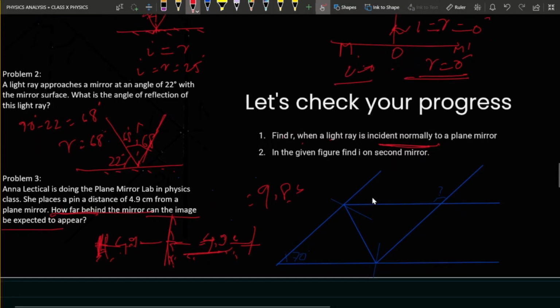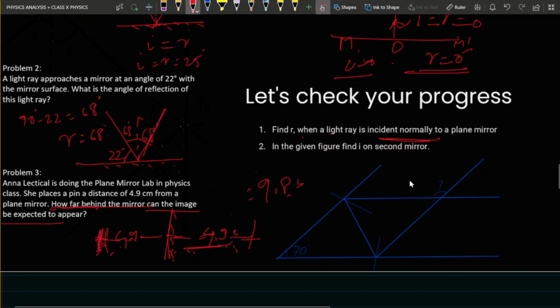Now I am taking one more question here. One light ray is coming in like this. After reflection by the mirrors, both mirrors are placed inclined at 70 degrees to each other.